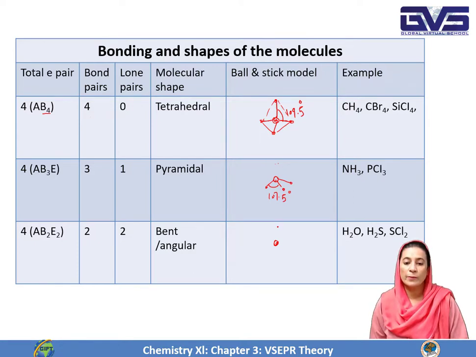Due to lone pair repulsion, they have more repulsion because it has 2 lone pairs. These angles further reduce to 104.5 degrees, and it has the bent shape or angular shape because now there is even more lone pair repulsion, lone pair bond pair repulsion, and bond pair repulsion. So it has a bent, V, angular shape.